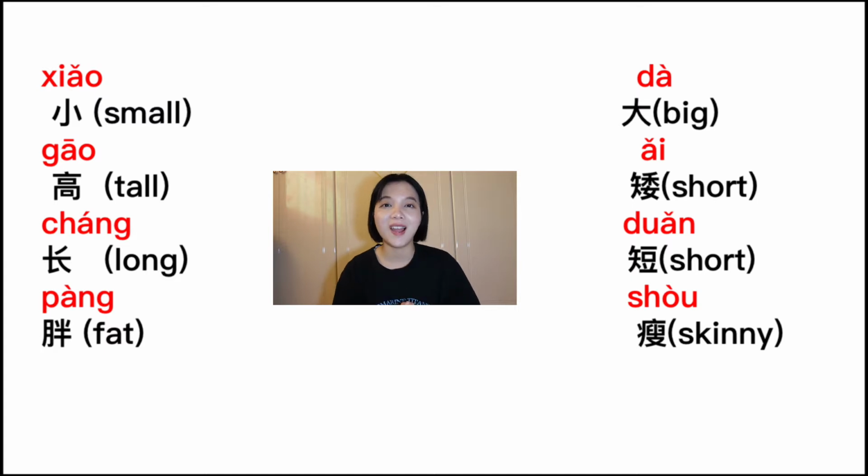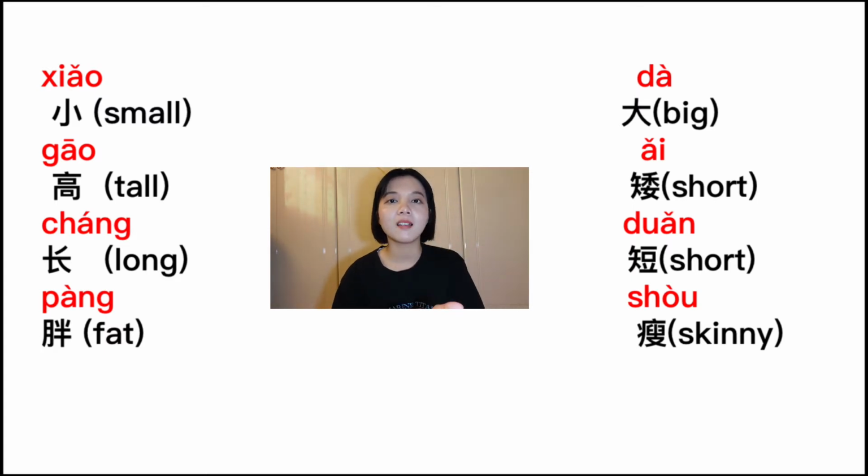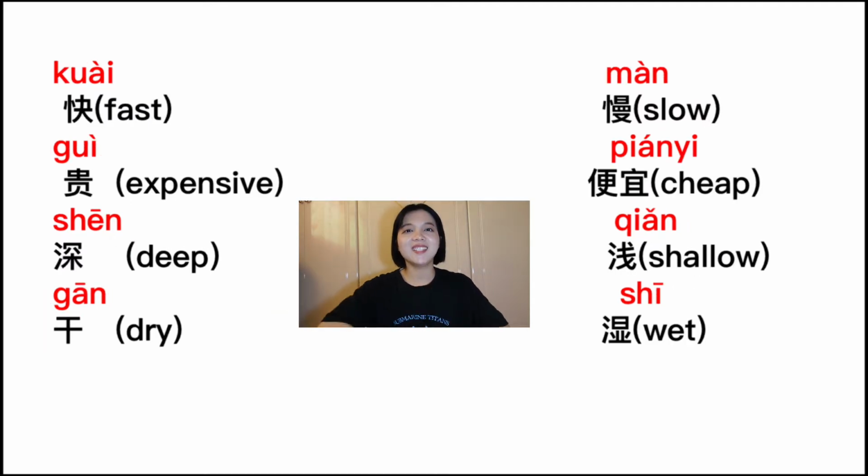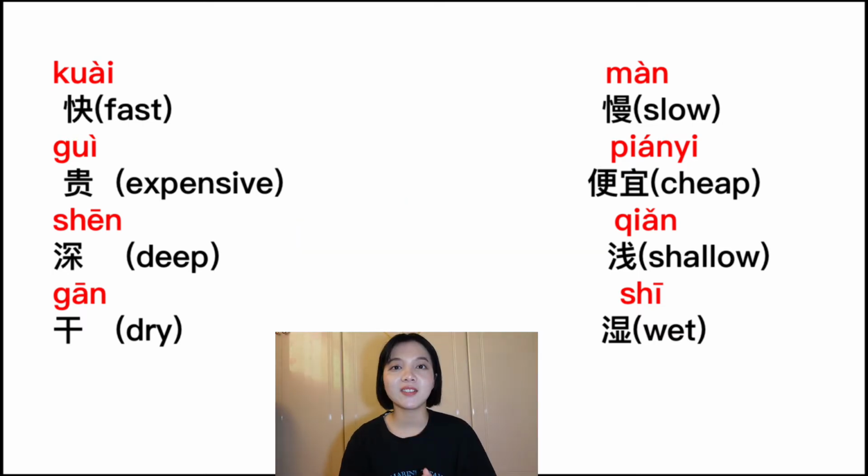And fat, 胖, the opposite of fat, skinny, 瘦, and fast, 快, slow, 慢, and expensive, 贵. The opposite, 便宜, means cheap.